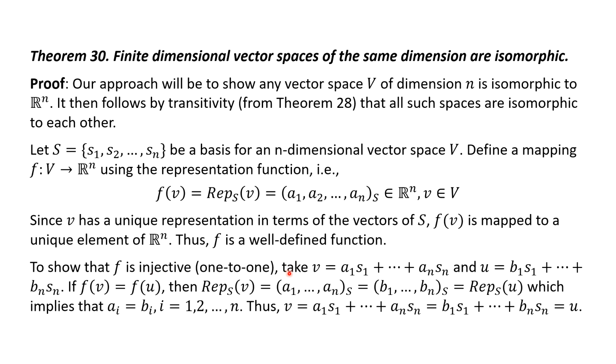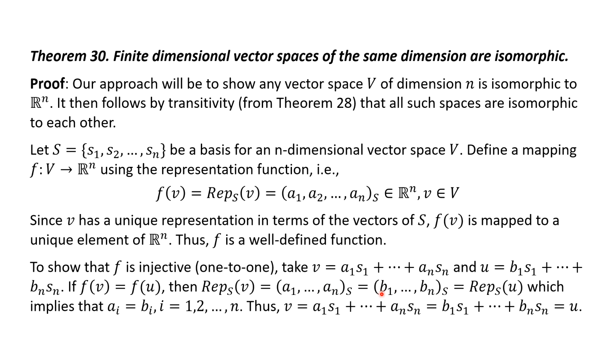To show f is injective, or one-to-one, let v equal a linear combination of the basis vectors, and u be another vector that's represented in terms of the basis vectors, and assume that f evaluated at v and f evaluated at u are equal. Then the representation of v in terms of S equals this by definition, and the representation of u with respect to S equals this here.